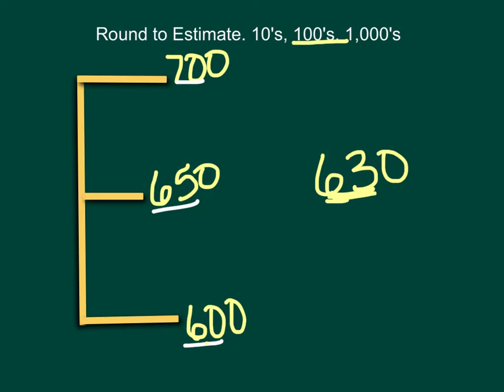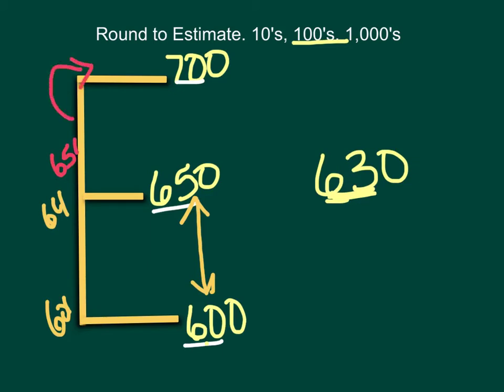We need to ask ourselves the question, exactly where does it fall? Well, somewhere between 600 and 650 is 601 and 649. On the other side of that coin, we have 650 going to 651, right on up to 700. So where does the 630 fall? And of course we know, because we know how to count, that 650 is greater than 630.